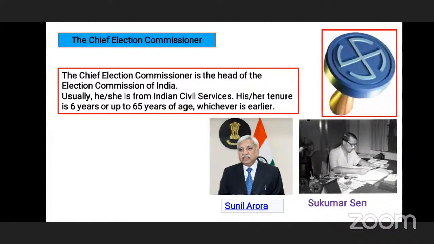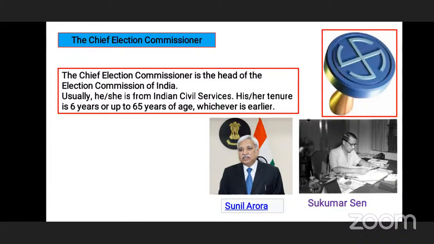He came to office in 1952 to 1958. 8 years of service were done by the first Chief Election Commissioner, Sukumar Sen. After that, many reforms were introduced in the Election Commission of India. So only 6 years or at the age of 65 years, he will be retired from the service.